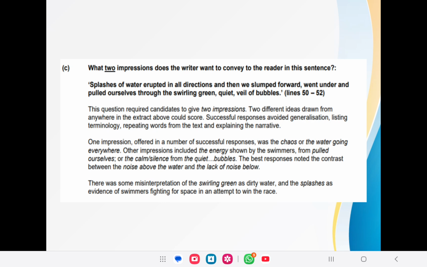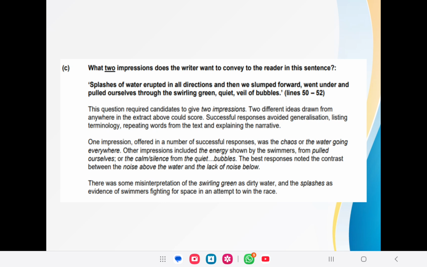See, what two impressions does this, this is from the examiner comments. This question required candidates to give two impressions, two different ideas drawn from anywhere in the extract. Successful responses avoided generalization, listing terminology, repeating words from the text, and explaining the narrative.